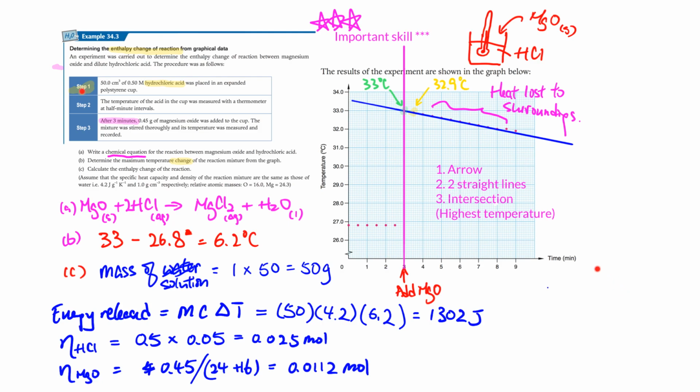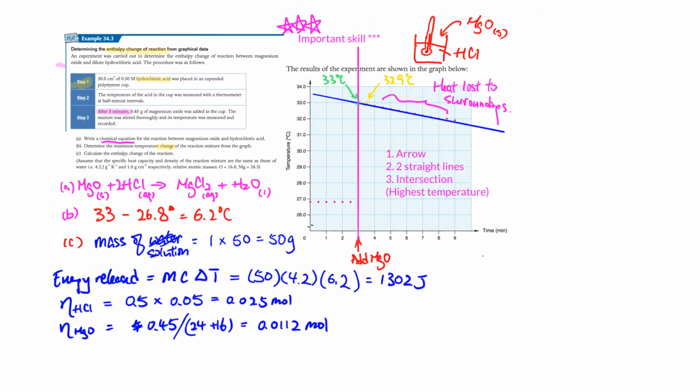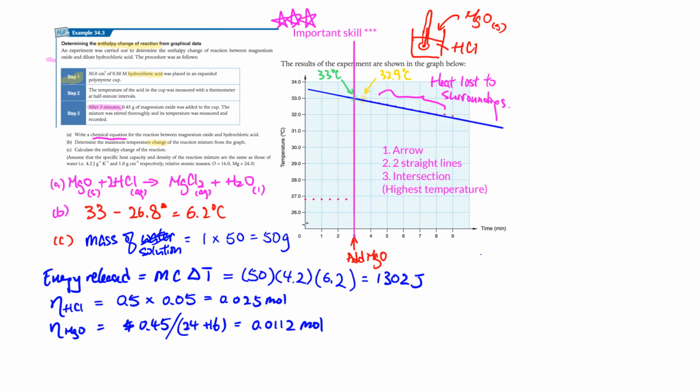To simplify the whole process, we can just say that 1 mole MgO reacts with 2 mole HCl. So in your mind, just think about this one.